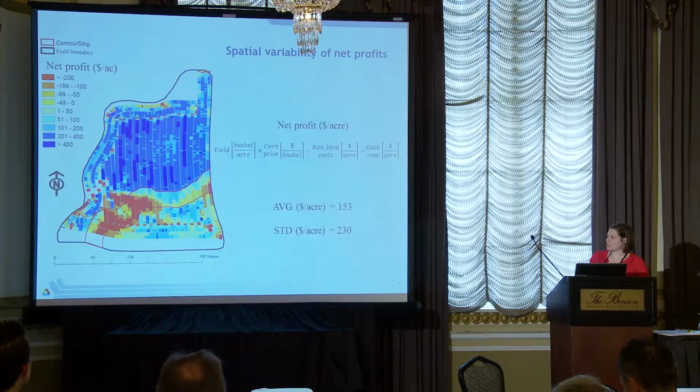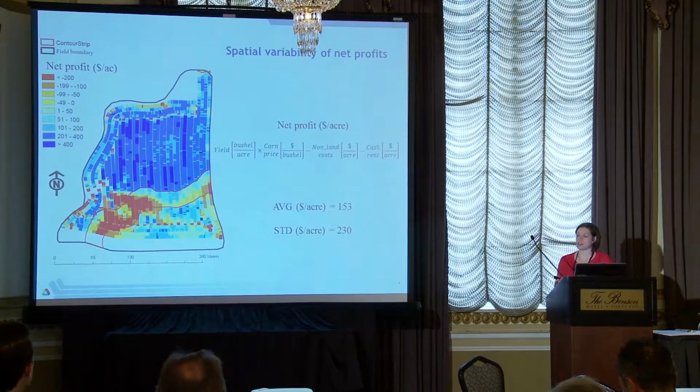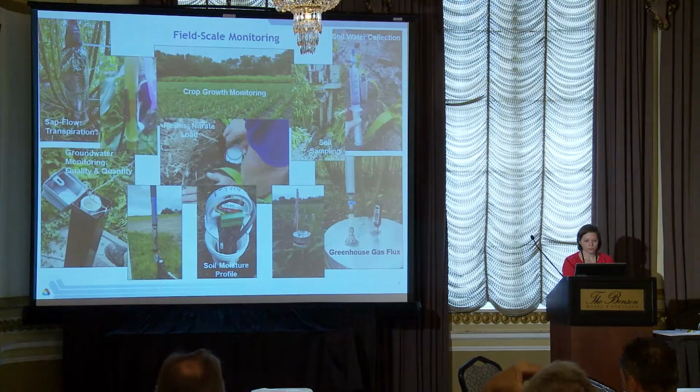So these are the orange and red areas here. One of the main goals of this bioenergy crop integration is trying to reduce this standard deviation so that you're not losing as much money on the field overall just by targeting these marginal areas.